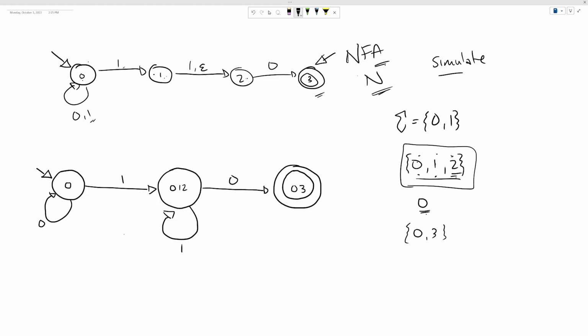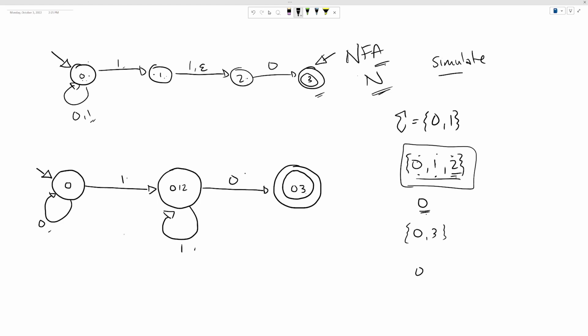Okay, we're almost done. Remember, for our DFA to be done, we need a 0, 1, 0, 1. It's only this last one here, 0, 1. Okay, so if I'm in state 0 or 3, and I get a 0, let's see what happens. If I'm in state 0 or 3, and I get a 0, what happens? Well, if I'm in state 0 and I get a 0, I'm at 0 again.